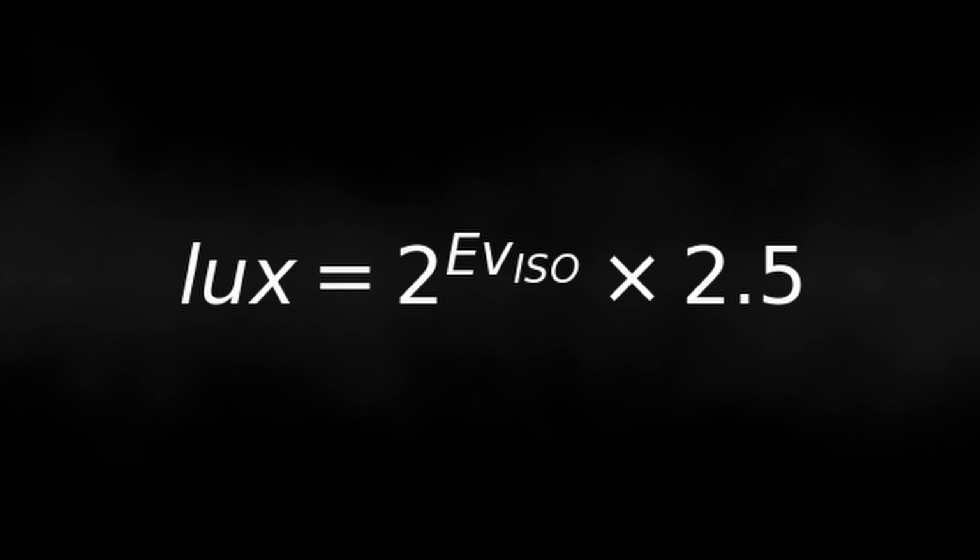So again, using my example, 2 raised to the 6.64 times 2.5 is 249 and a whole bunch of decimal points, which we can round to 250. And so essentially, for me to shoot at a 50th of a second at f4 at ISO 800, I have to be lit to approximately, plus or minus a couple of lux, 250 lux.